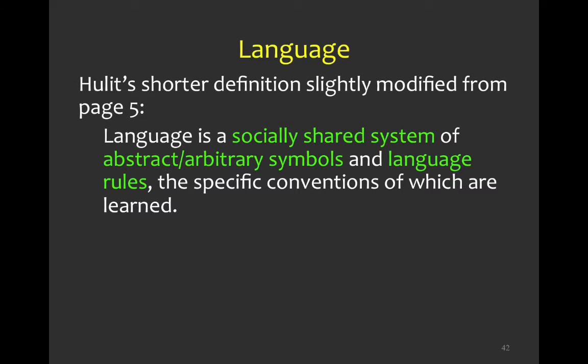Here's another definition of language. It's a little shorter, slightly modified from page 5 of our book. Language is a socially shared system of abstract or arbitrary symbols and language rules, the specific conventions of which are learned.